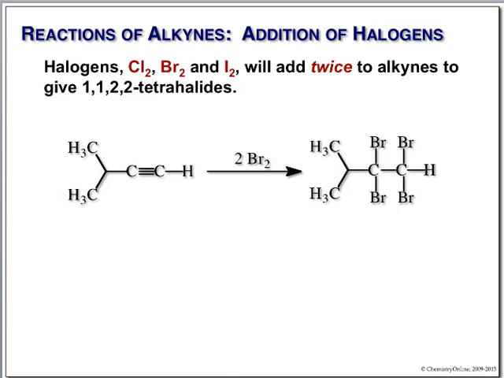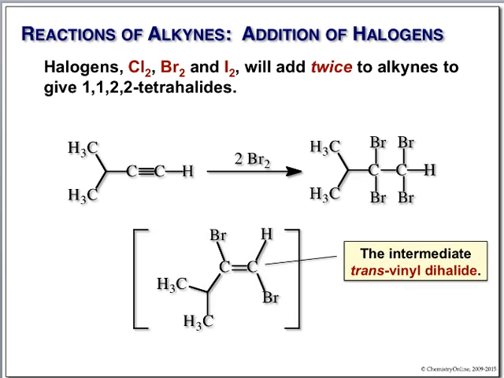The addition of halogen. So this is chlorine, bromine, and iodine. Will once again be very, very similar to the reaction of alkenes. Whenever you're adding halogen, you know that what you're going to do is simply add the halogen. Our addition would be trans.